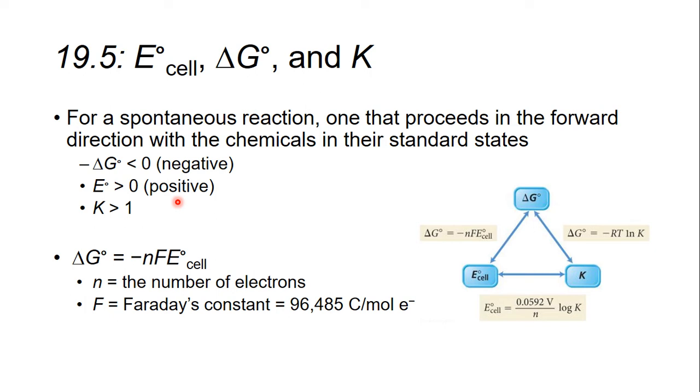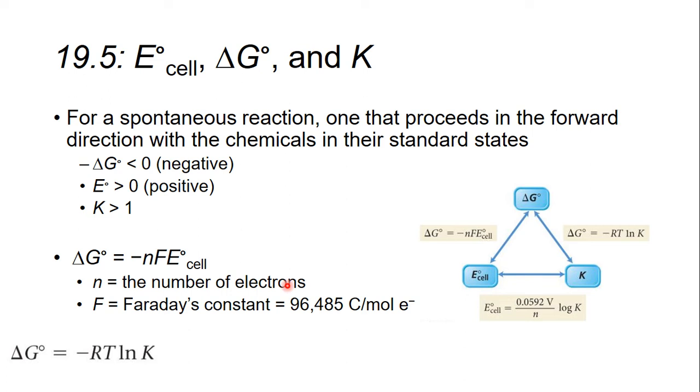If E cell is positive, which means spontaneous, then everything here is negative: negative times a positive N, times a positive F, times a positive E, is all negative. Therefore, if E cell is positive, delta G is negative.